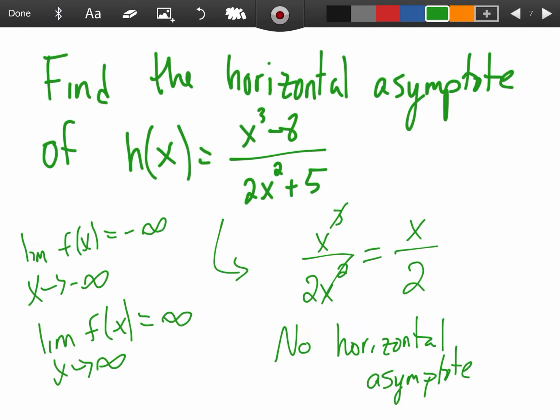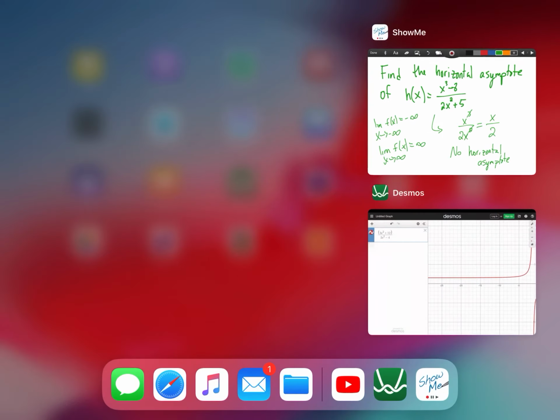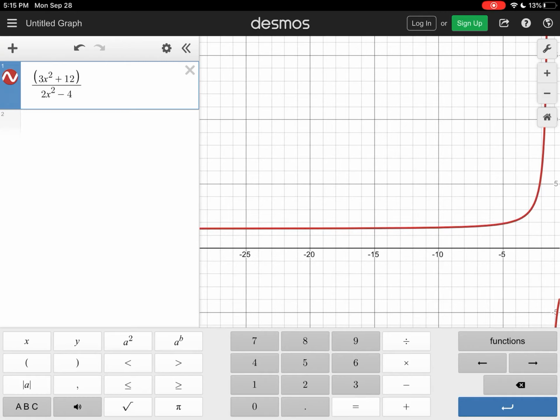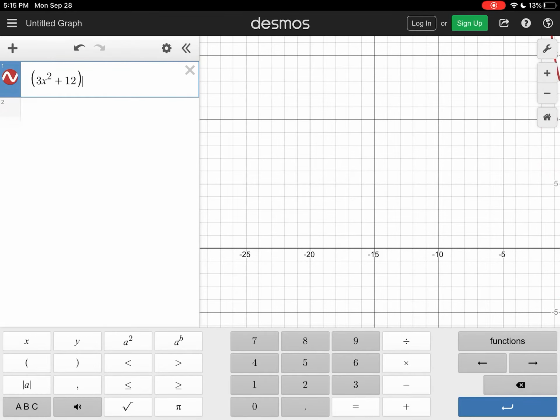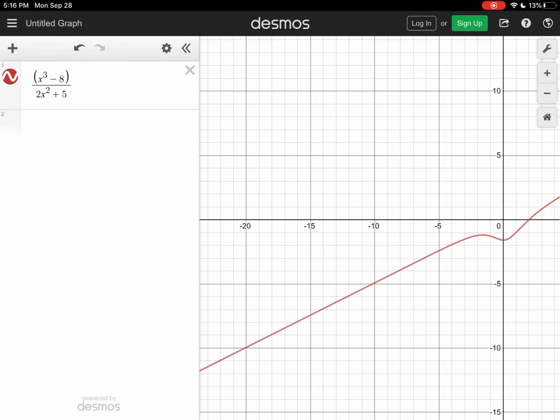Let's check this out. x cubed minus 8 over 2x squared plus 5. Okay, let's just delete this. x to the third minus 8, divided by 2x squared plus 5.